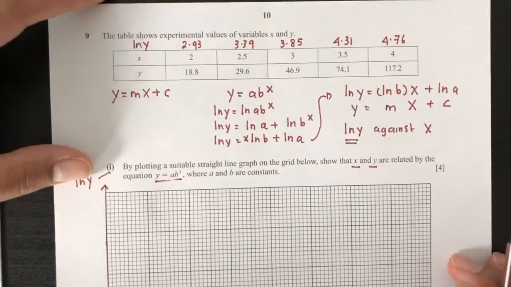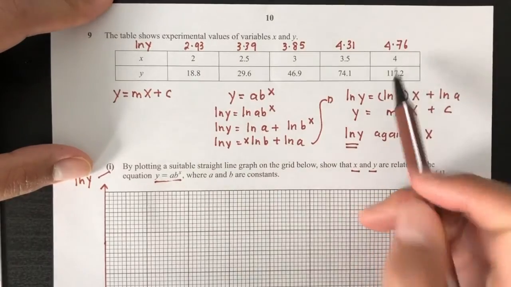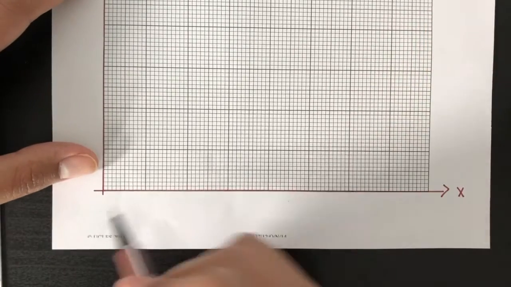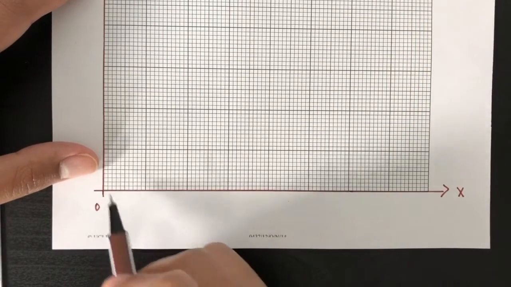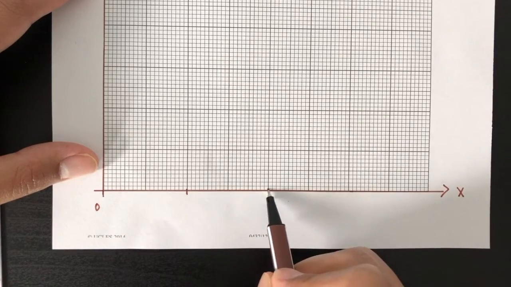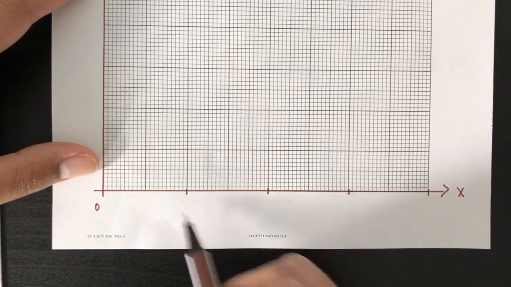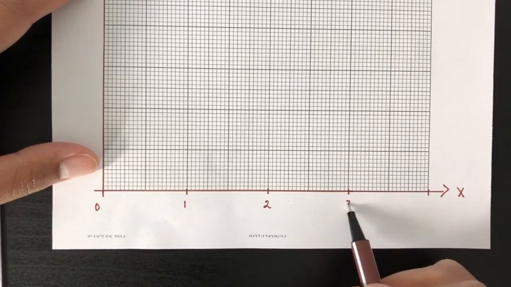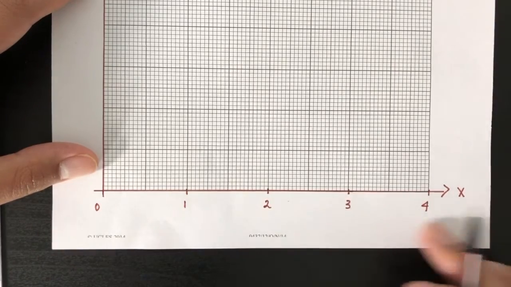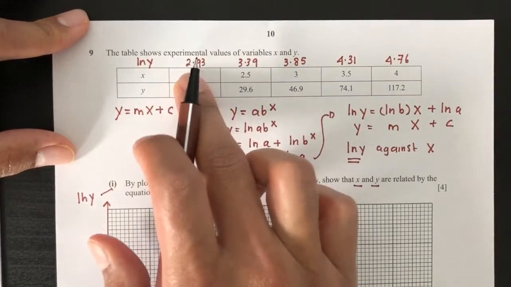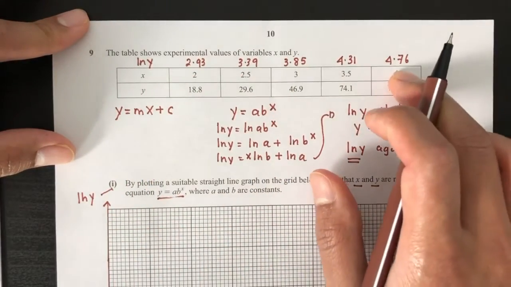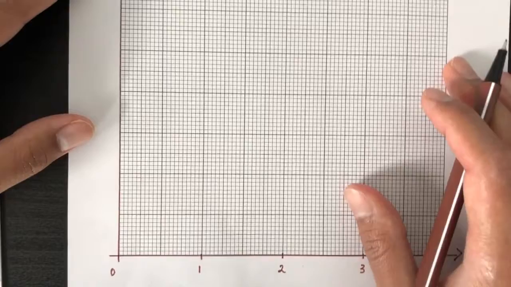Okay, we have values of x from 2 to 4. Let's just use, here we have 0. That could be 1, 2, 3, and 4. We can use the graph. Now for ln y we have values from 2.93 to 4.76. So let's see what can we do.